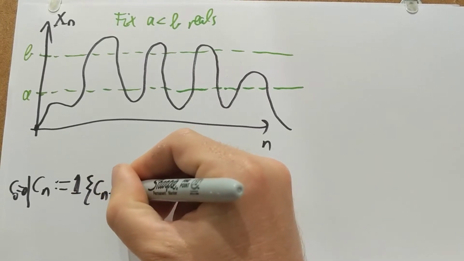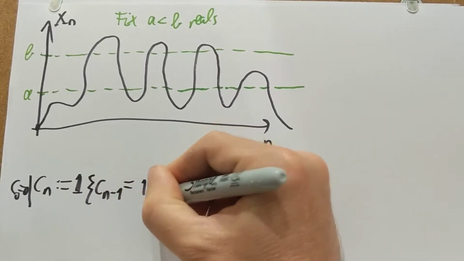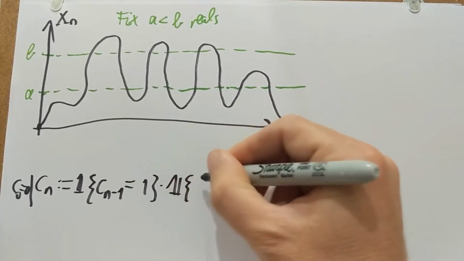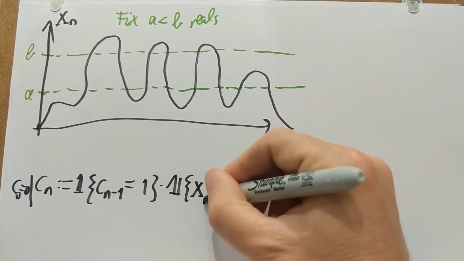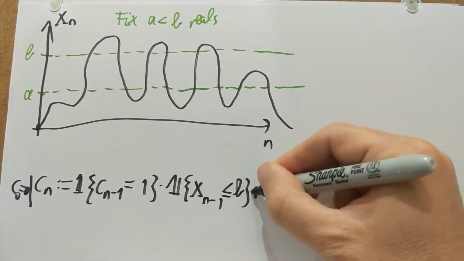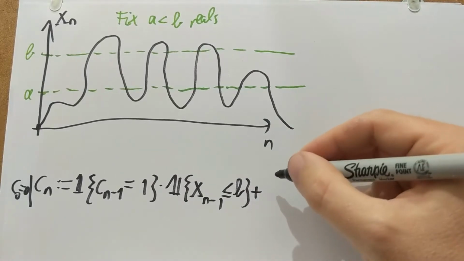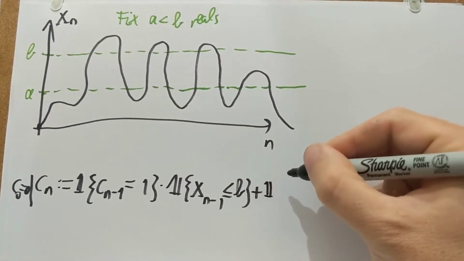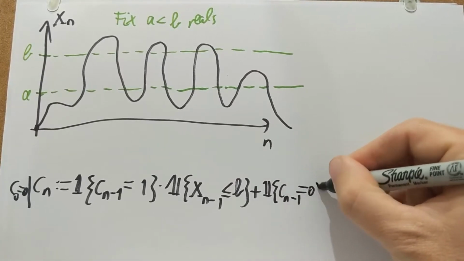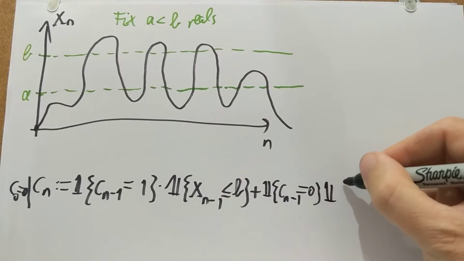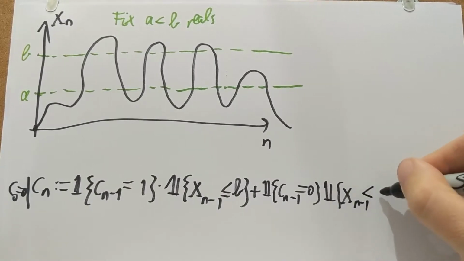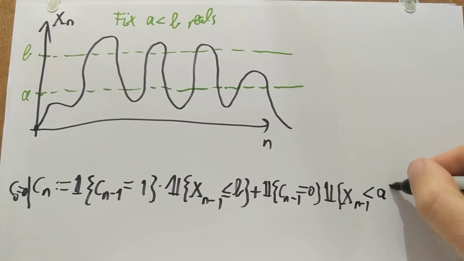So I start putting down an indicator that C_{n-1} is 1, and an indicator for x_{n-1} smaller than or equal to b. And there is another part to this recursion: an indicator that C_{n-1} is 0, and an indicator that x_{n-1} is less than a. Okay, that's what this is.